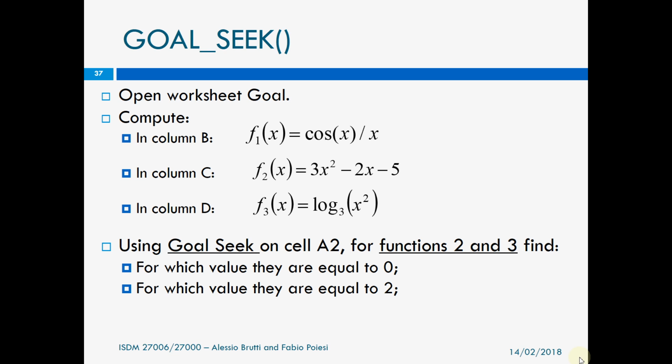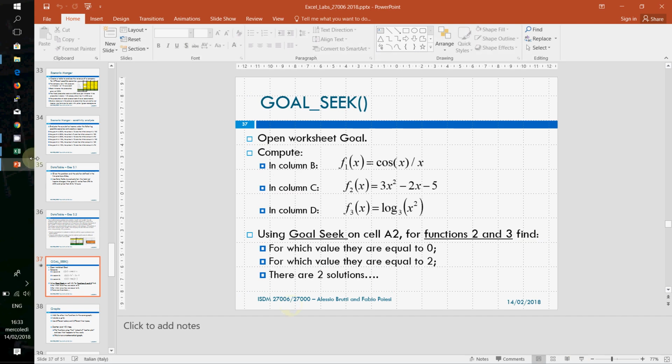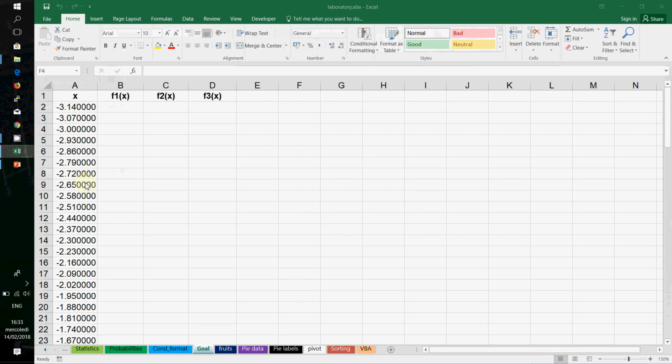So after we have created these 3 functions, we have to use the goal-seek tool on cell A2 for function 2, 3 to find the value for which the functions are equal to 0, and then the value for which the two functions are equal to 2. So let's take our Excel document, laboratory solution, worksheet goal.